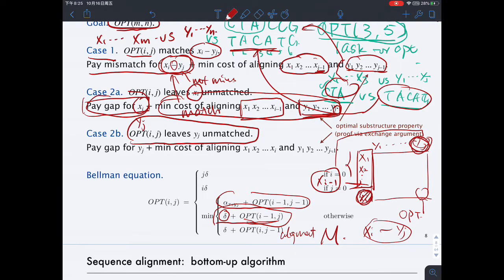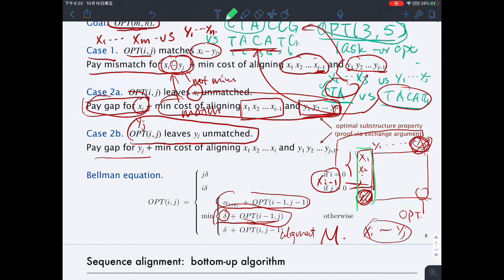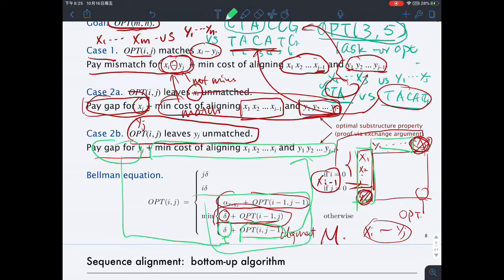The third case is that by symmetry, we can also leave yj unmatched. In this case, there's a gap cost. I get rid of this one, and instead match in the subproblem x1 up to xi with y1 up to yj minus 1, the minimum alignment cost of this part, plus a gap cost. That's the same as the second case.